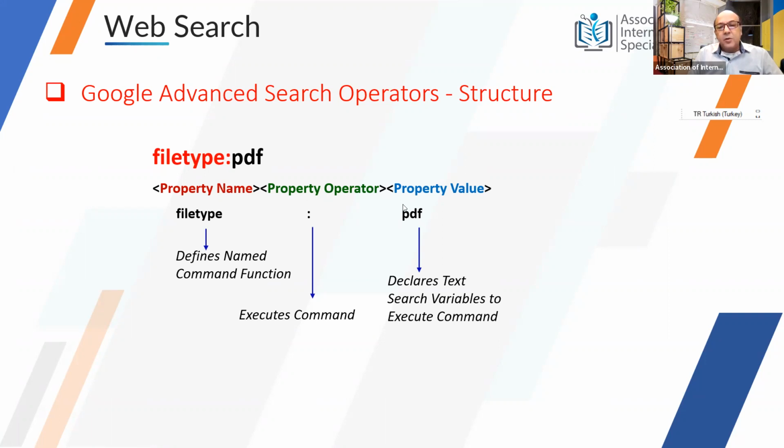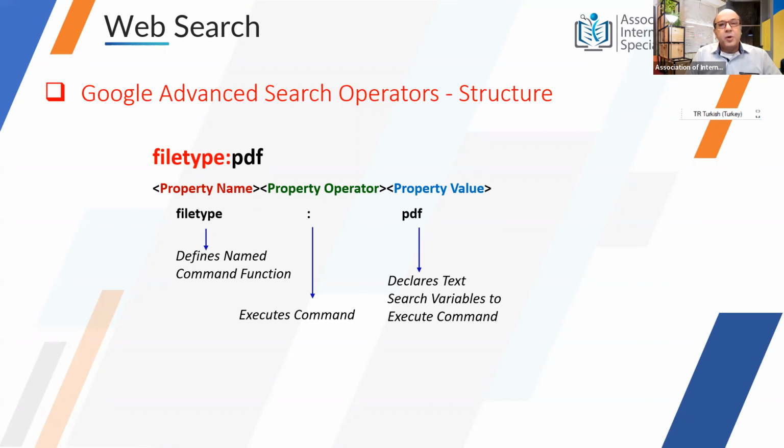After the property operator, the colon sign, you see the property value. The property value is always declared against the advanced operator, as it has a need for action. And the property value itself has to have certain attributes, a significance in how it is to be measured against the property name, whether it is textual, or a domain name, or a file format.